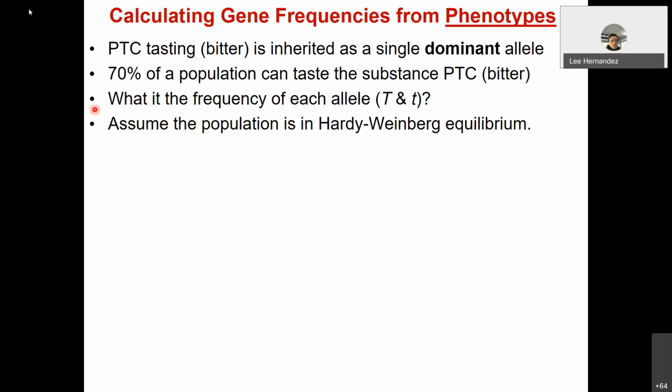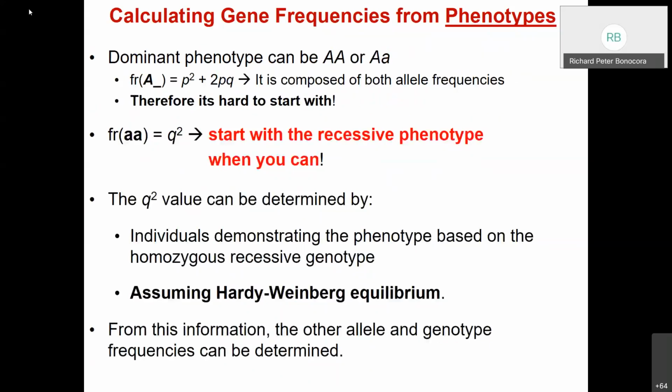On the previous slide, why are we worried about the specific genotype, like heterozygous dominant versus homozygous dominant, if all we're focusing on for this slide is the phenotype? We're given the phenotype, because phenotype is what we can see, right?